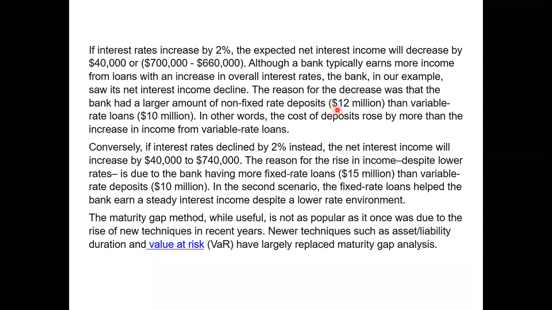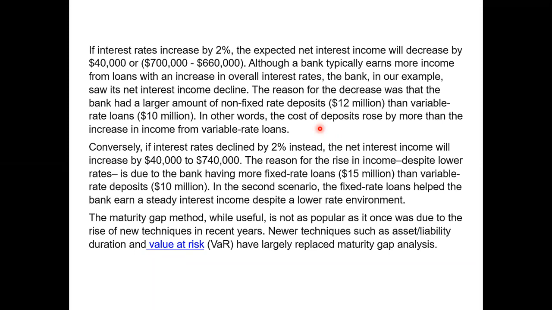It means it has higher rate sensitive liabilities, 12 million, than rate sensitive assets from variable rate loans, 10 million. It's a negative gap. In other words, the cost of deposits rose by more than the increase in income from the variable rate loan.